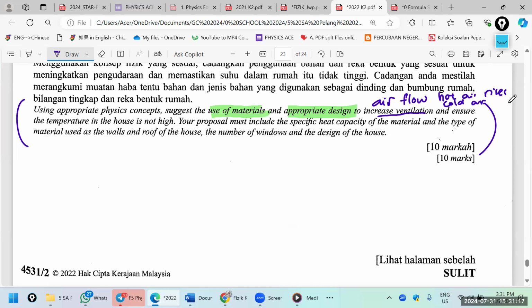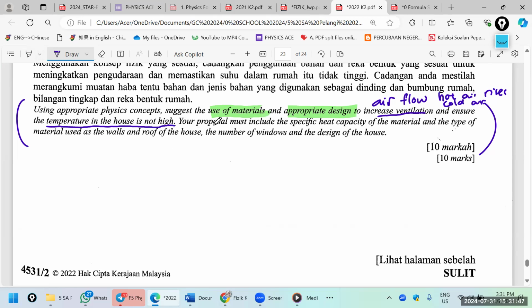So do you know why on top of our classroom there used to be a hole? Now they seal it. Why last time got hole on top? Ventilation: hot air rises and goes out, cold air goes in. Now we seal because we have aircon, right? And ensure the temperature in the house is not high.